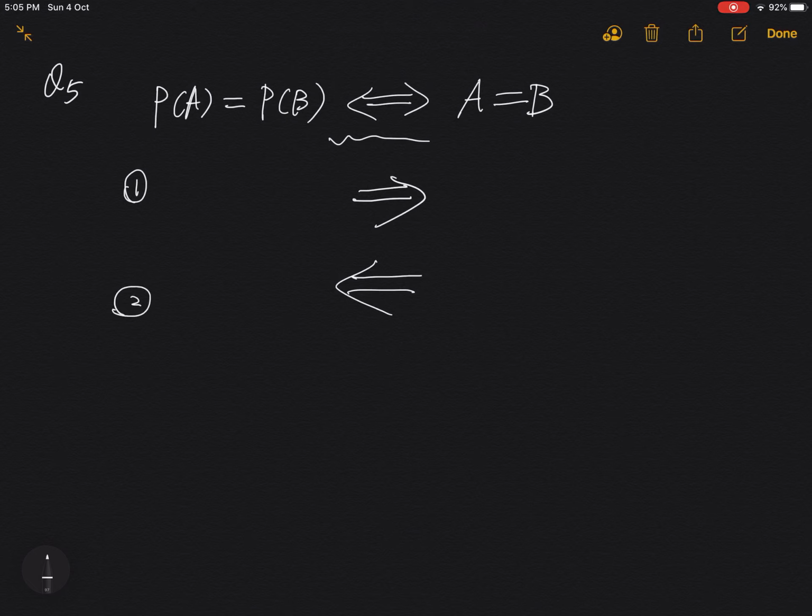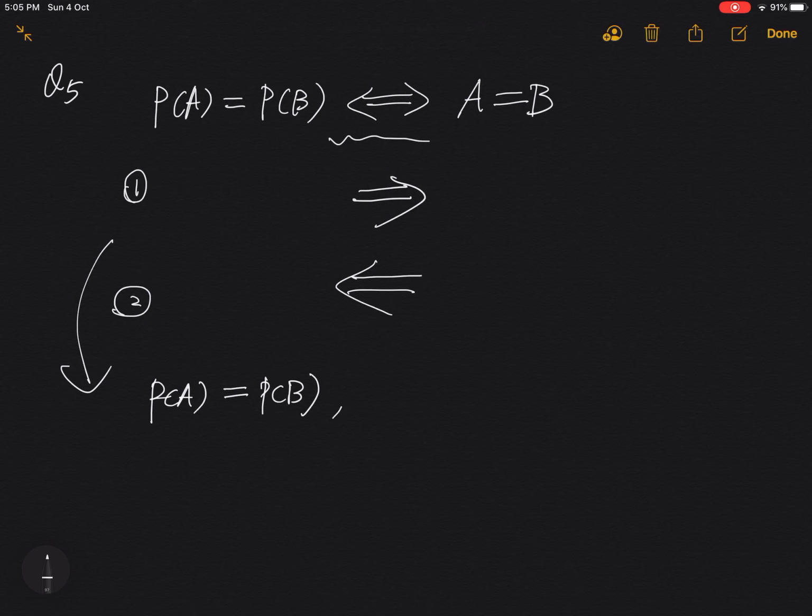Okay, so for the first case, if we have power set of A equals power set of B, this means the subsets of single elements should be the same for both, right?